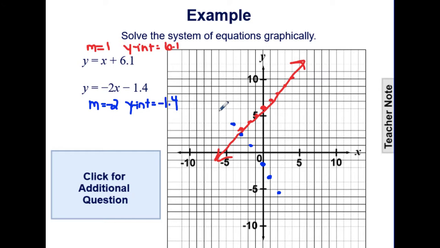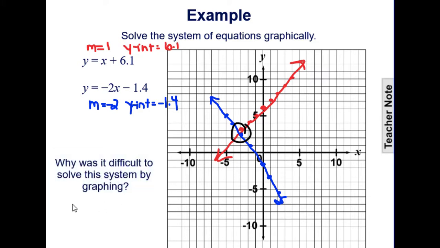I'm not sure. I'm actually losing it with my lines, and if I create my lines, they're going to intersect somewhere, maybe this point, and I'm not exactly sure. Maybe it's -3. I can't even tell for sure. So it becomes very, very difficult.